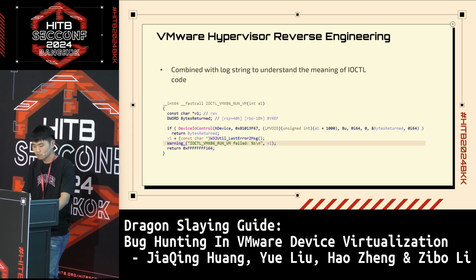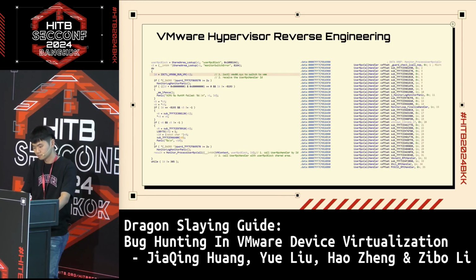To understand those IO control codes, we can combine them with log strings and the VMX binary. For example, the code in the picture should represent the IOCTL VMX86_RUN_VM, which may be the call to switch into the guest machine. By looking for references of this function, we can easily locate the main loop code.